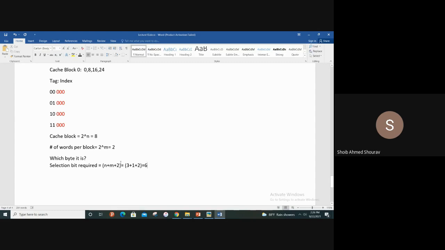No, the number of words per block is 2, so it means it is actually 2 to the power 1. So m is equal to 1. Yes, here n is equal to 3.